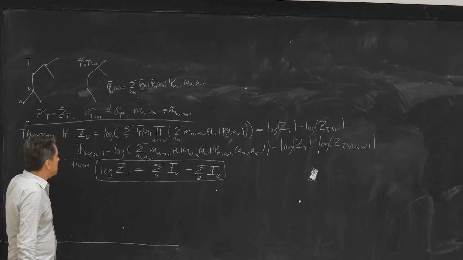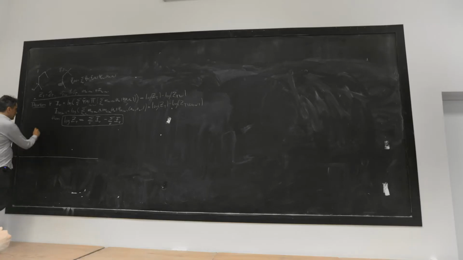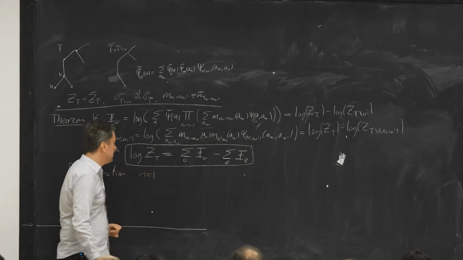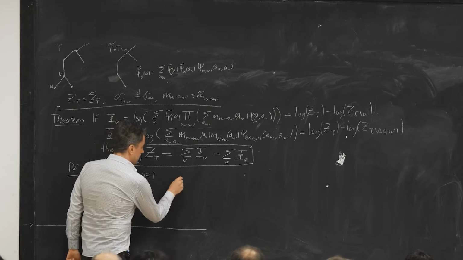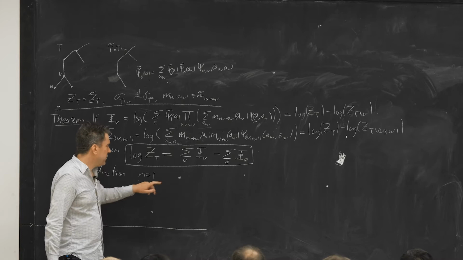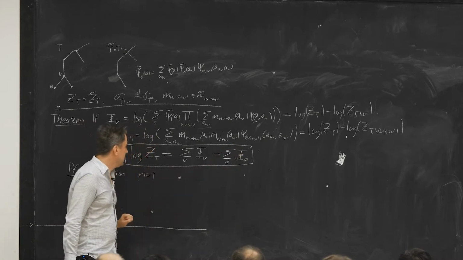Okay, and one can just do it by induction. So it is induction on n, the size of the graph. When n equals 1, the tree is a fairly boring tree. There are no edges, so you don't have this term.